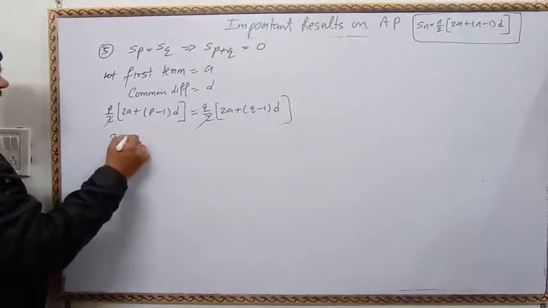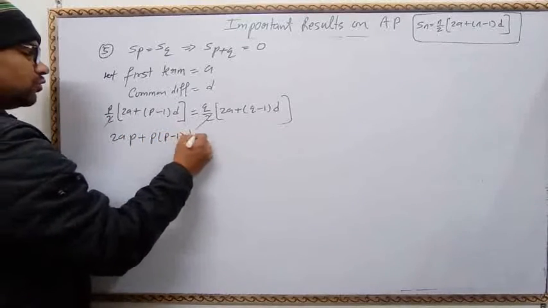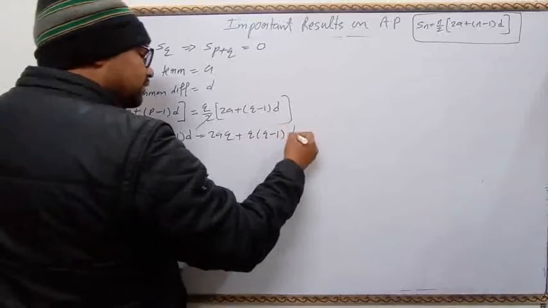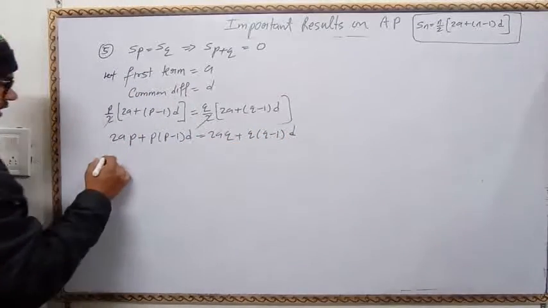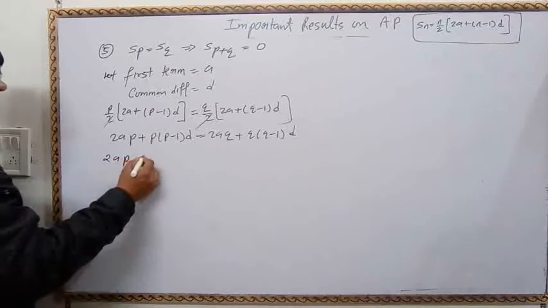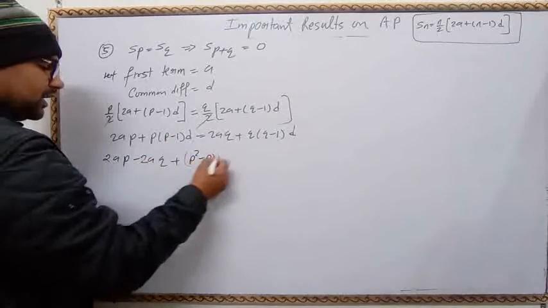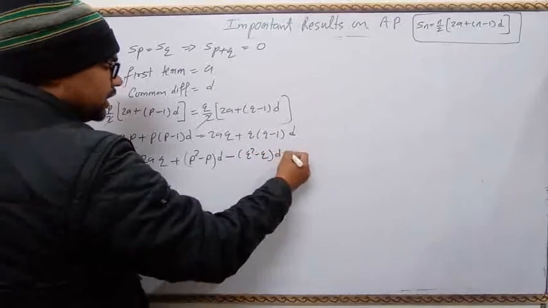Multiply: 2ap + (p−1)d = 2aq + (q−1)d. Okay, here come transfer rule. We will transfer in left hand side. So 2ap − 2aq + (p² − p)d − (q² − q)d = 0.